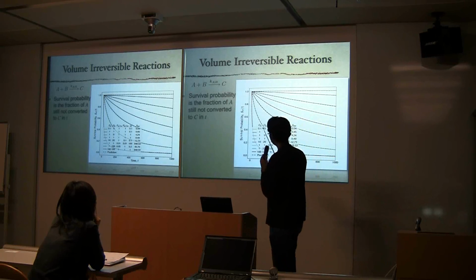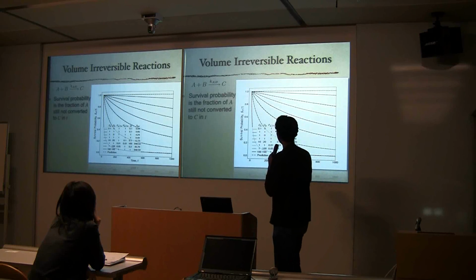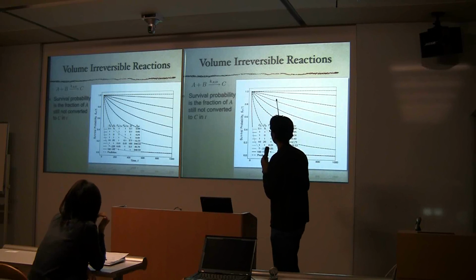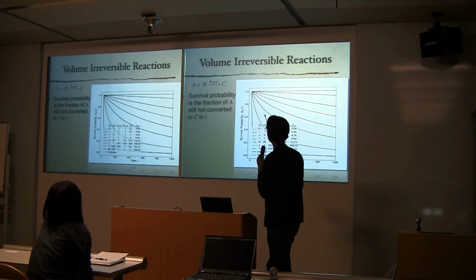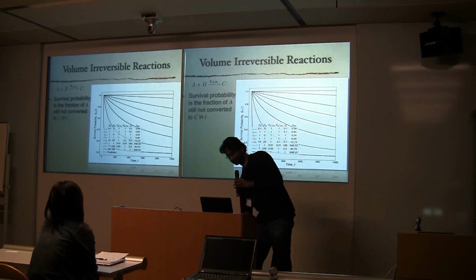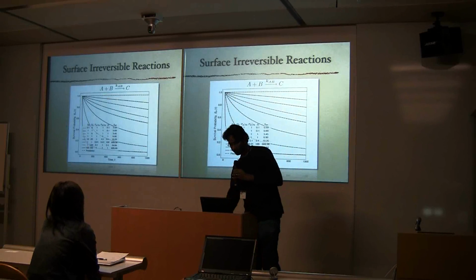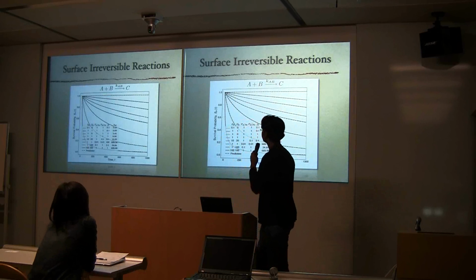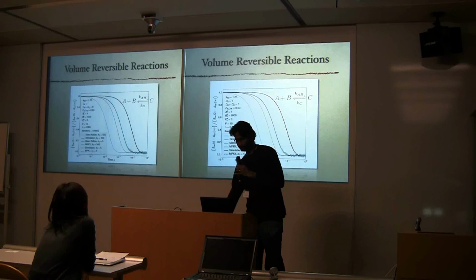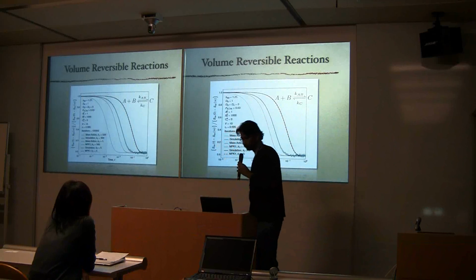As you can see, for different diffusion coefficients and different p-values, for irreversible reaction in volume, my method, the spatial method, agrees nicely. Similarly, for surface irreversible reaction, I also obtained similar results.